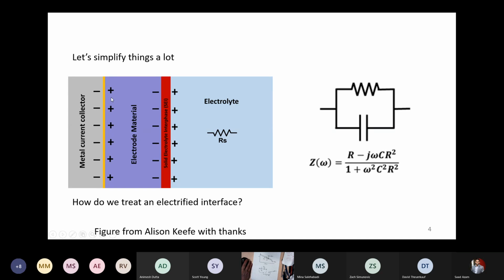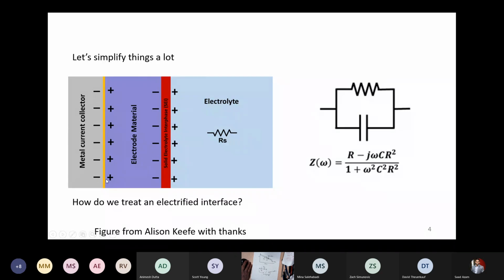And then over at the contact between the electrode particle and the current collector, there can be another electrified interface there. Generally, the resistance of this interface is much smaller than the resistance of this interface, but you can still have charge buildup there.